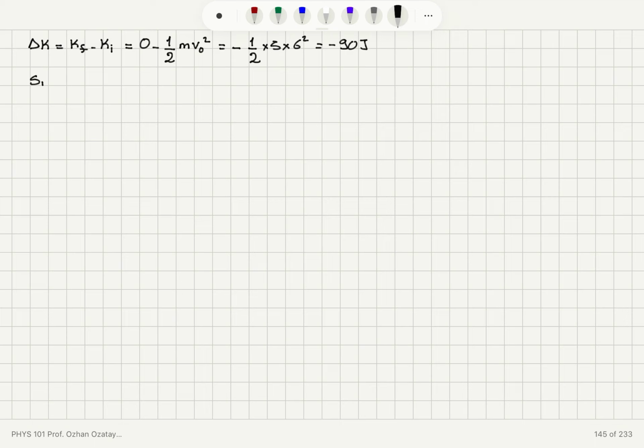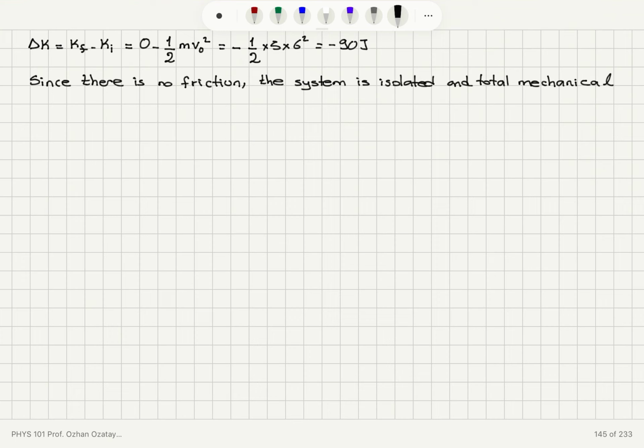So that's the change in the kinetic energy of the system. Now, since there is no friction, the system is isolated. There is no external force acting on the system, and total mechanical energy must be conserved.